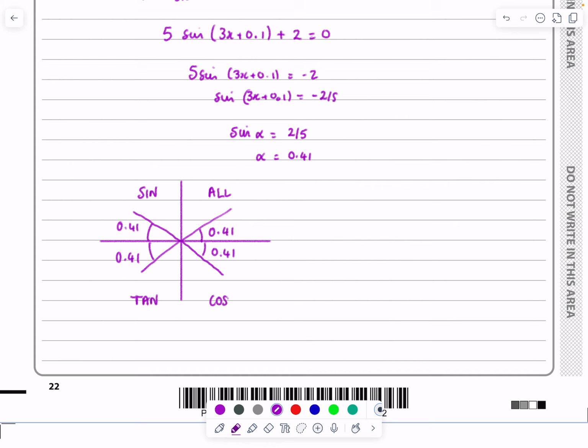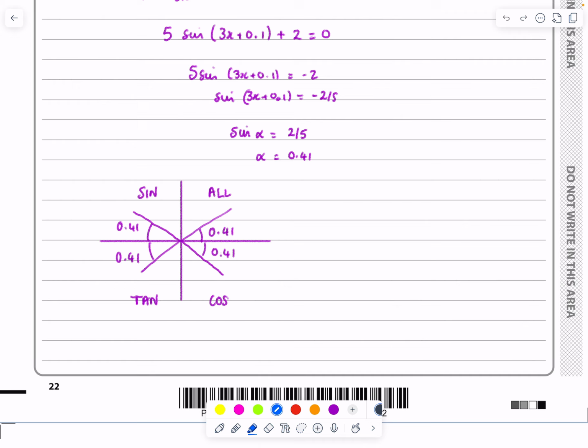If not, you might need to go back and do some more revision. This says that all of the ratios are positive there. Sine is positive in here, tan is positive in here, and cos is positive in there. The ones that aren't marked are negative. So for example, in this quadrant, cos and tan are both negative. In this quadrant, sine and cos are negative.